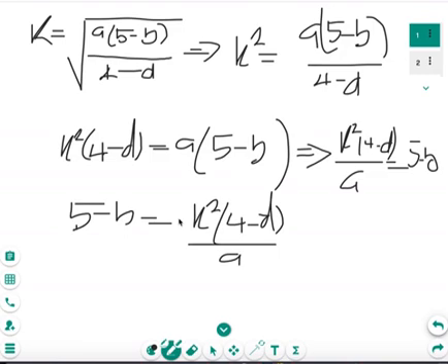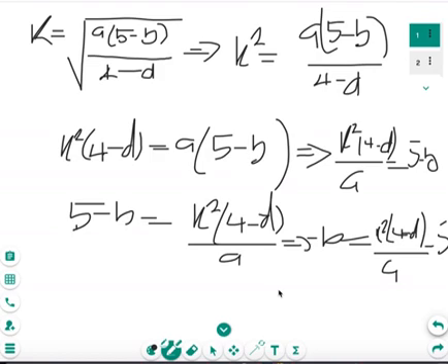We subtract 5 from both sides, and you get minus b is equal to all this here, k squared 4 minus d over a, then minus 5, all minus 5, isn't it?